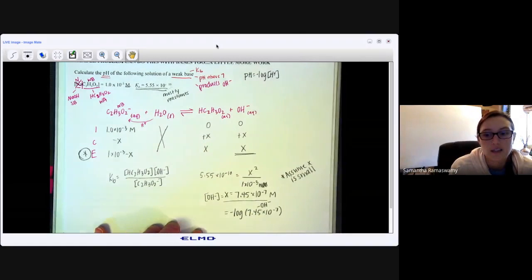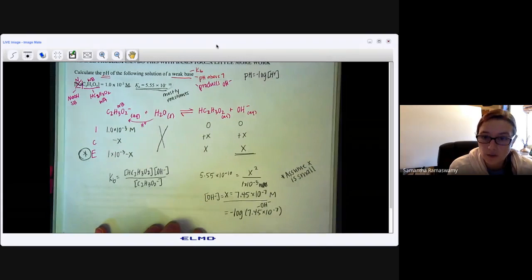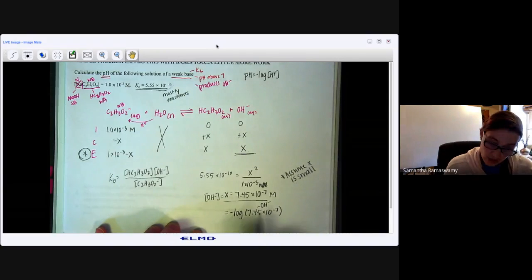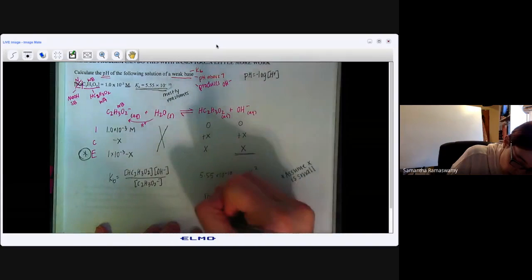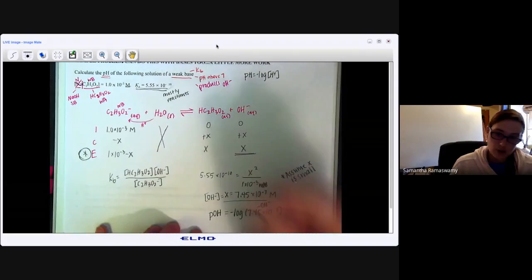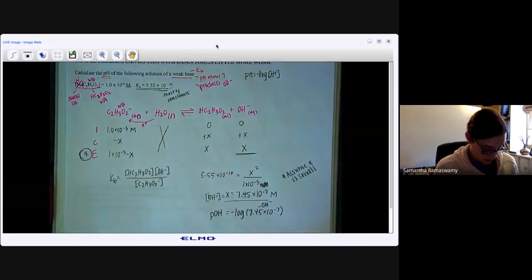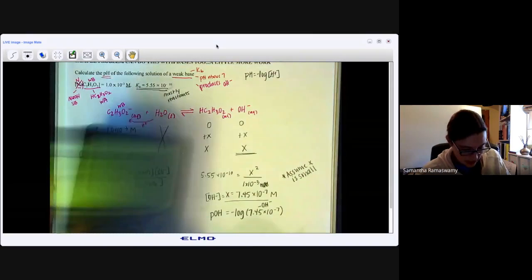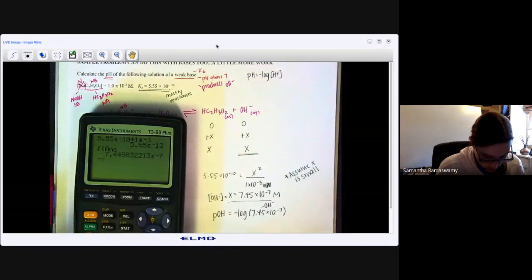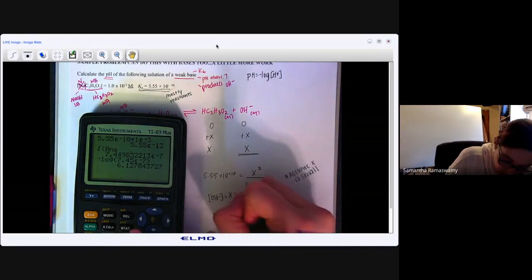Think about what you're solving for. When you take the negative log of something, that's the lowercase p. So if I'm taking the negative log of OH, I'm solving for pOH. So when I do negative log 7.45 e negative 7, again, that's pOH.